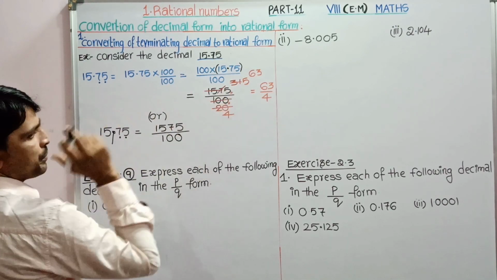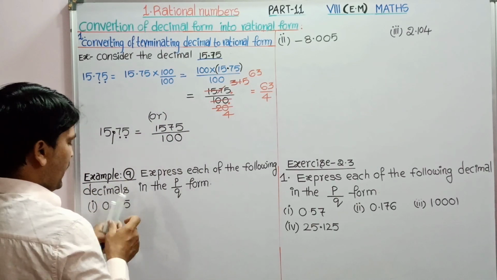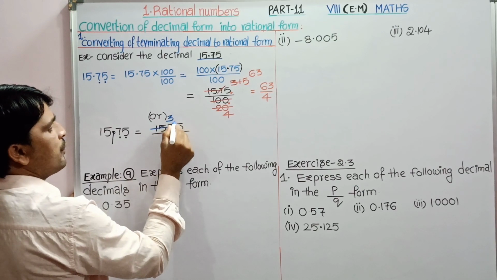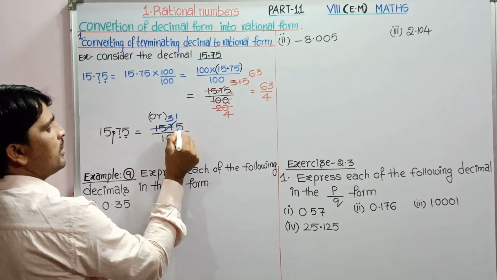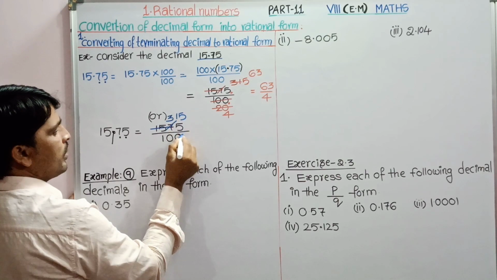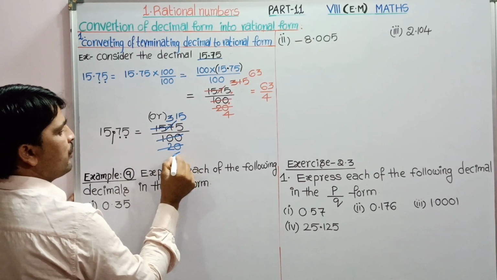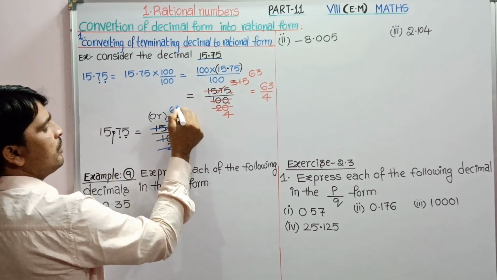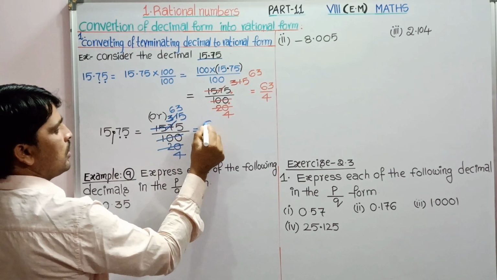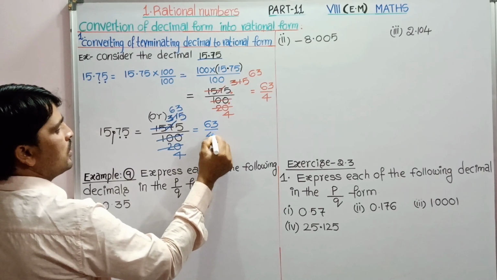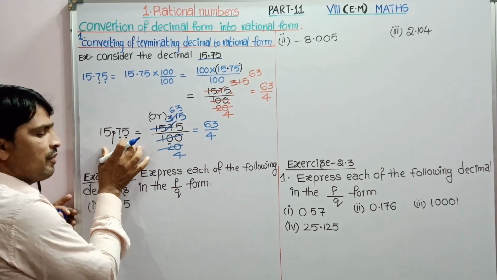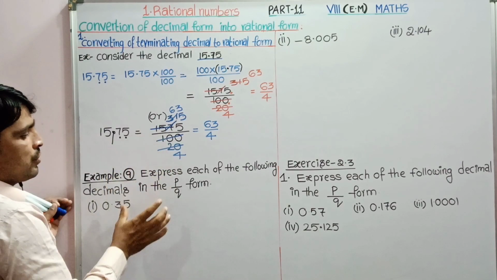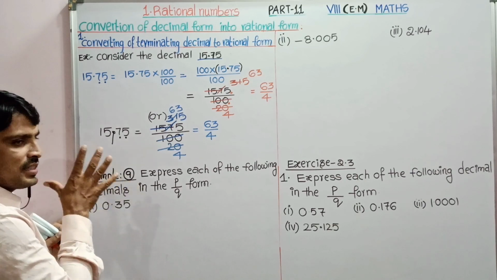Directly we get this step. Again by the 5 table, we get 63 by 4, which is the rational form of the given decimal number 15.75. In this way, we have to convert the questions given in example 9.